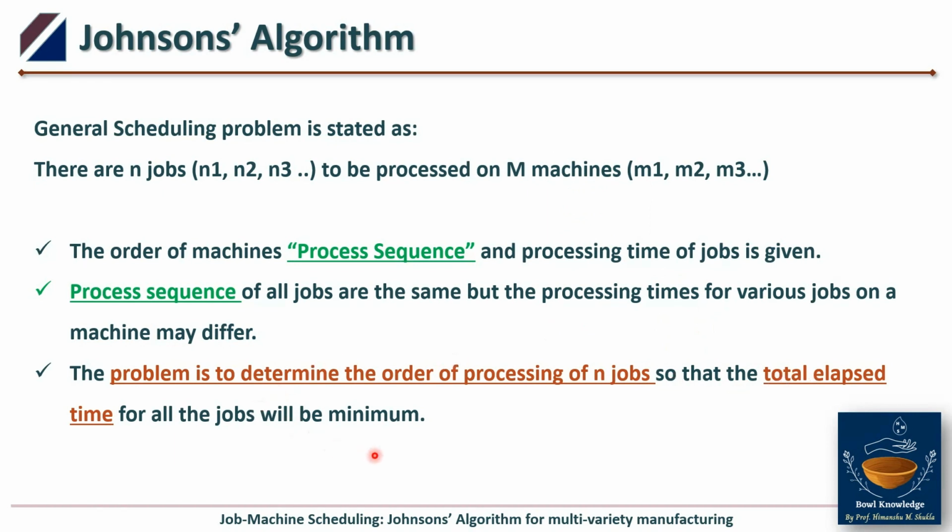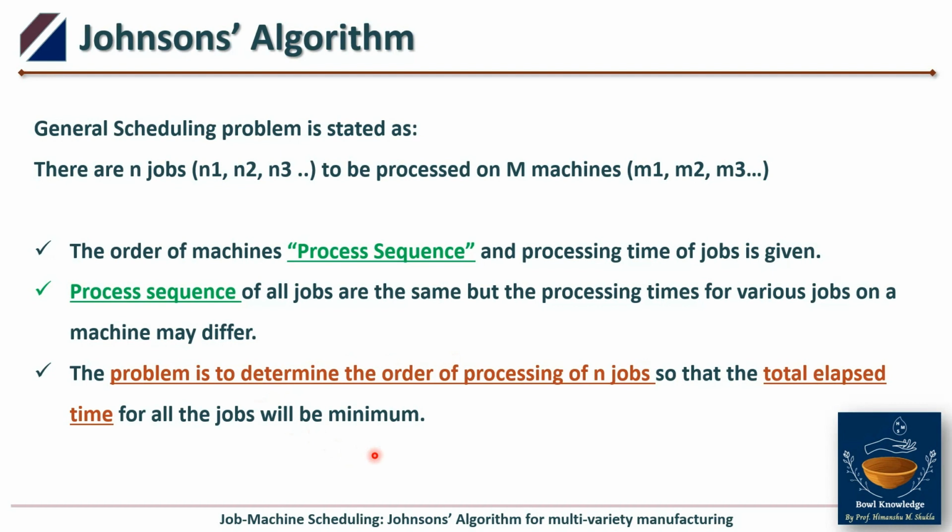Now what is this total elapsed time? See, as a company or as a customer, there are two perspectives. When we are a customer, we choose a variety, and in our mind that variety is of highest value because I have chosen this variant, so it is very important for me. But for a company, the overall importance of every variety of product is similar. So the company is not interested in the processing time of a particular variety, but is interested in optimizing the total elapsed time.